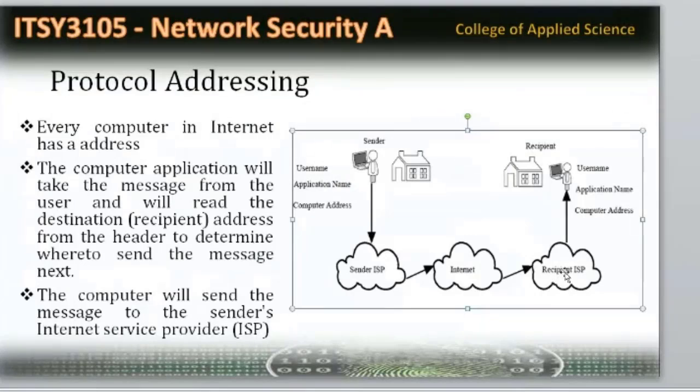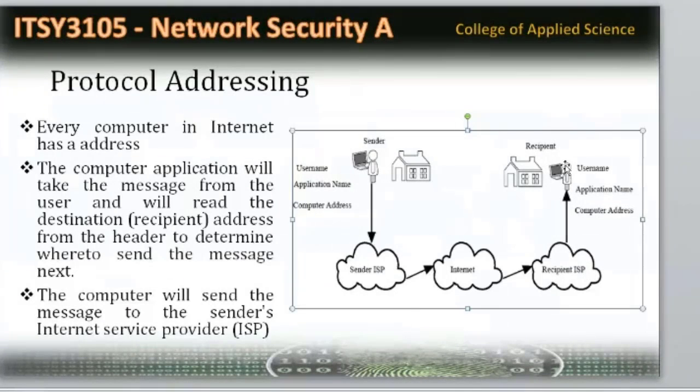Please assume that you are in a different country. I'm in Oman, you are in some other country. So through the ISP in Oman, I'm connecting with the internet, and then the recipient ISP, that means the country you are living in, from there you are going to be connected.